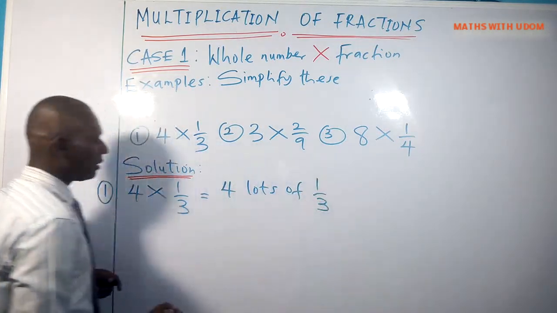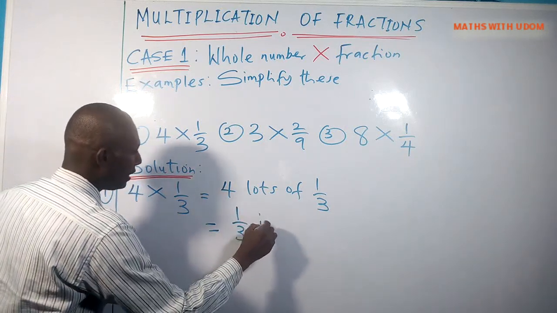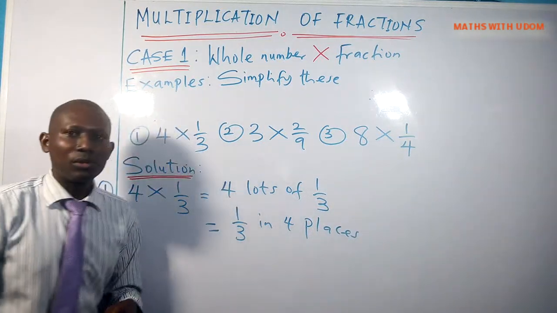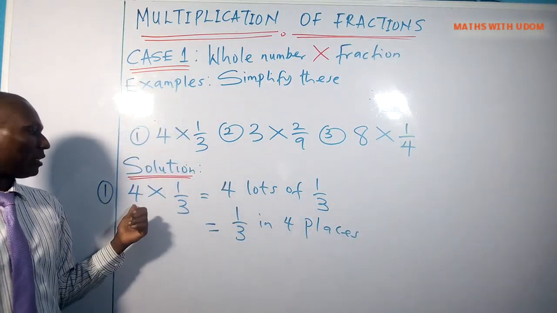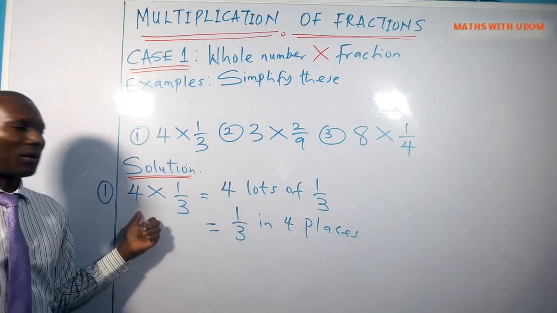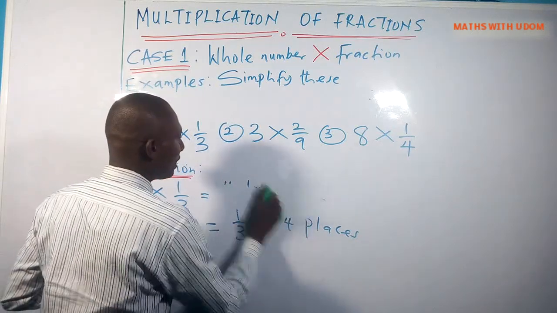It also means 1 over 3 in 4 places. So this is the interpretation of a fraction multiplied by a whole number, or a whole number multiplied by a fraction. So let's simplify this.